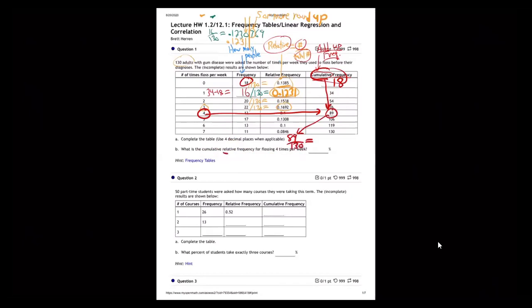Why am I dividing? It says relative. That means divide by the total. Relative means with relation to the total. So I take my calculator, 89 divided by 130, and I'm getting 0.6846.